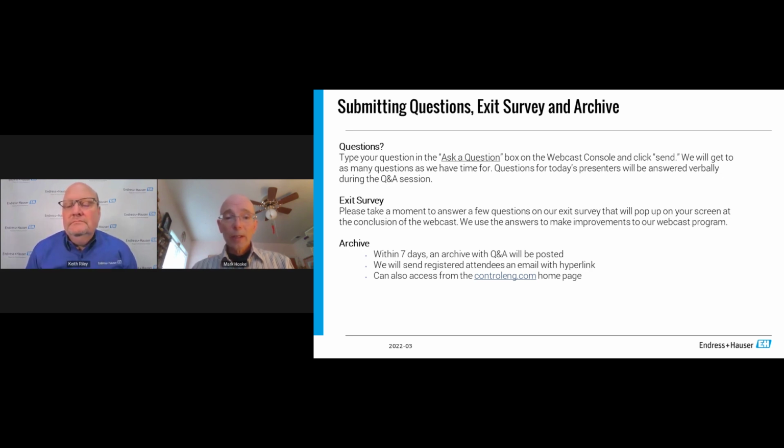Good. Do I need a certain kind of network to make it work? No. Again, Endress+Hauser is very network and control system agnostic. We support most of the typical protocols that are out there. And again, this is a system that's embedded in the instrument, is probably the best way to put it at this particular point in time.